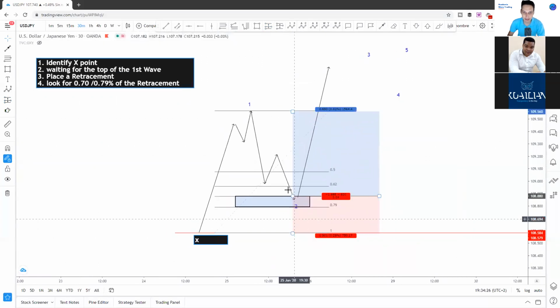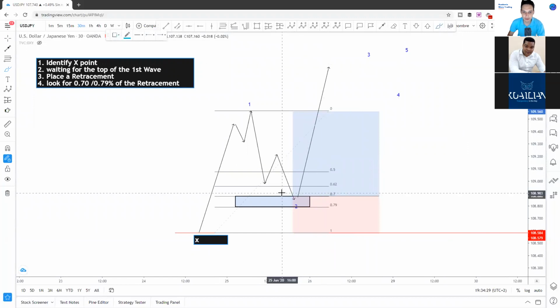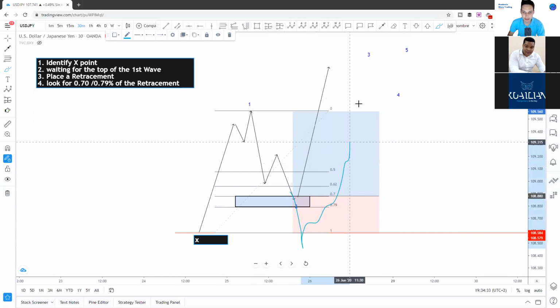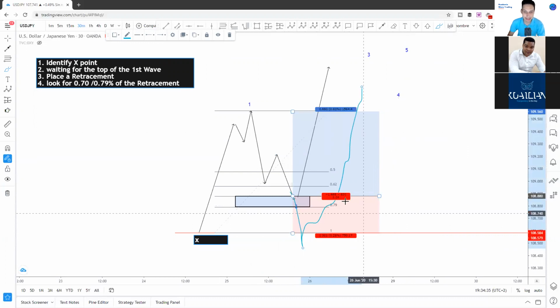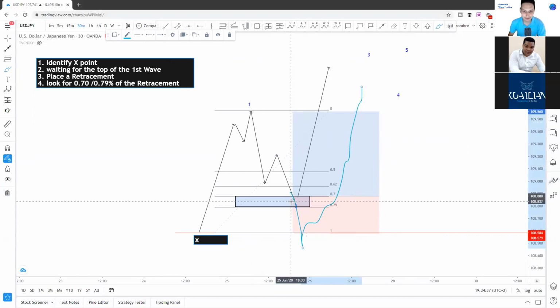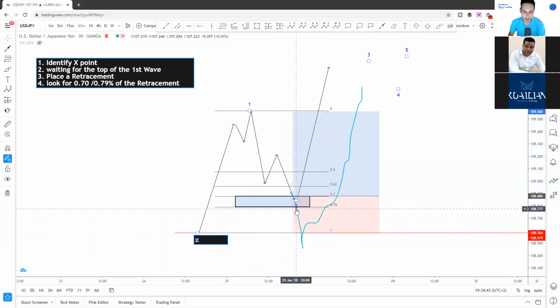In any market, the market can just go here, stop you out, and then just move to the upside. Then how can we enter into the market in the good area or in the perfect area, okay?